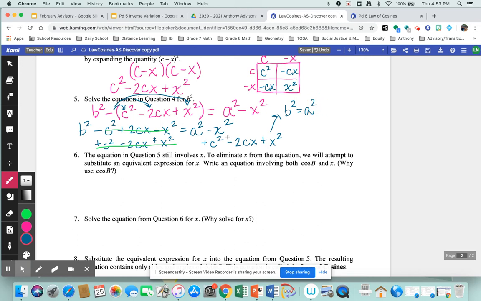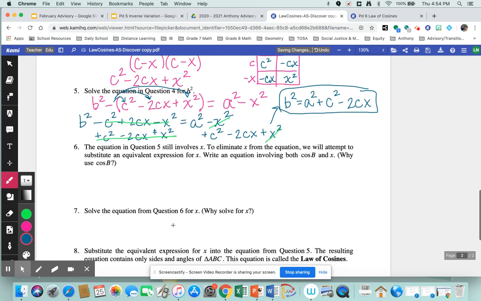I have a negative x squared and a positive x squared. I know that if I put those together, it gives me 0, so I don't need to write those down. Plus c squared minus 2cx. So this is my part 5. It's where I needed to end up.